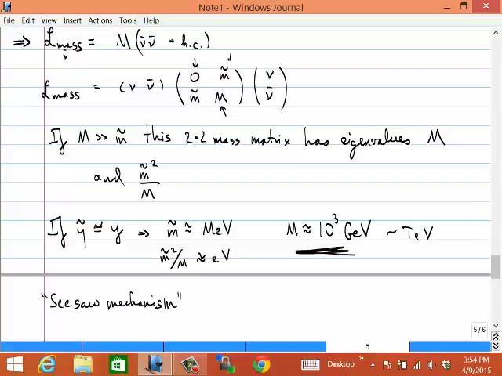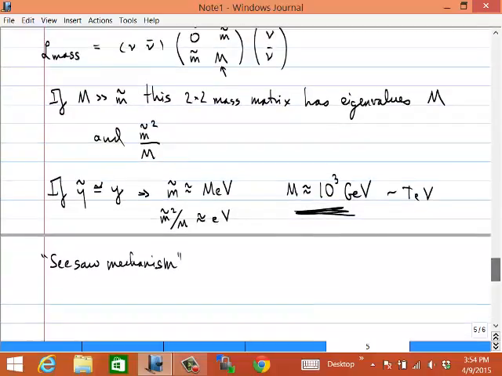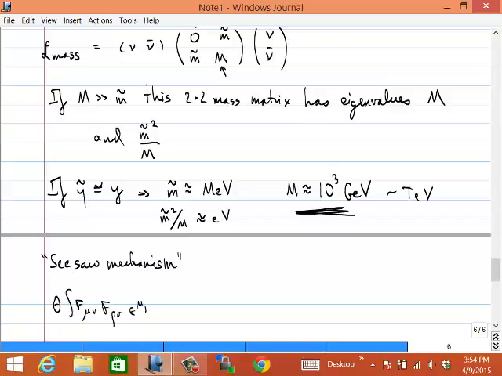Did I miss some? Oh yeah, we got theta QCD. I think we mentioned theta terms in the discussion of electromagnetism. So you can have a coupling of the form F mu nu, F rho sigma, epsilon mu nu rho sigma.